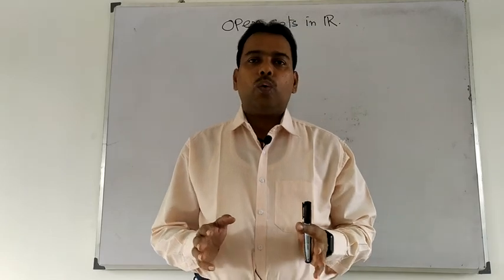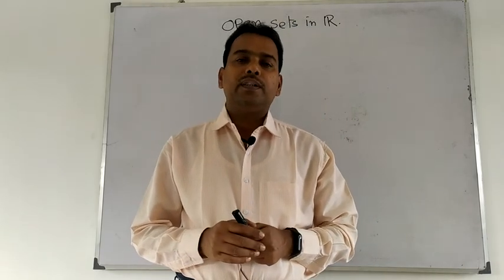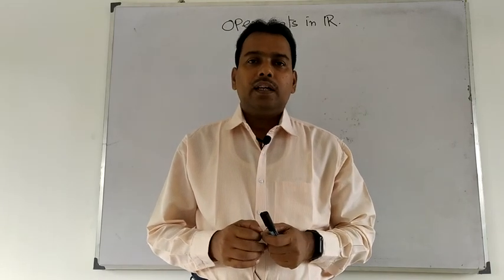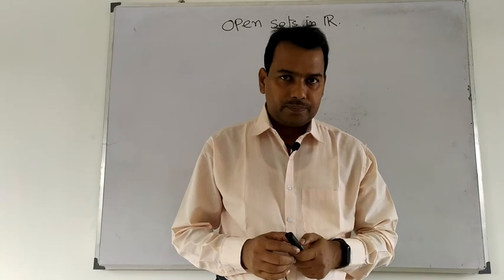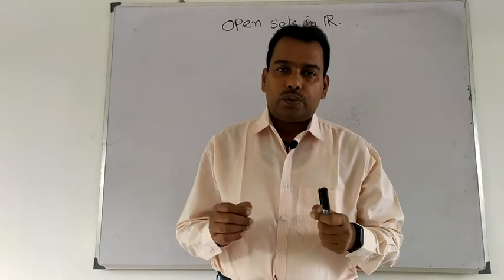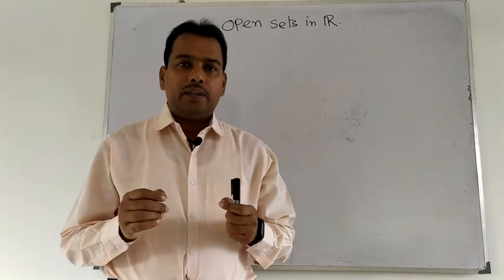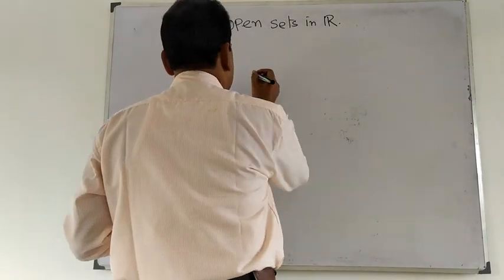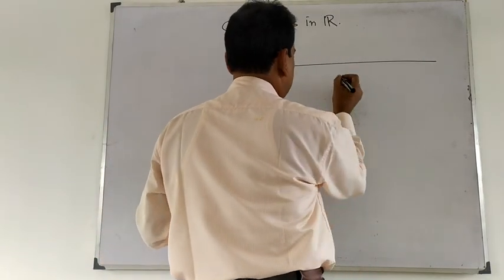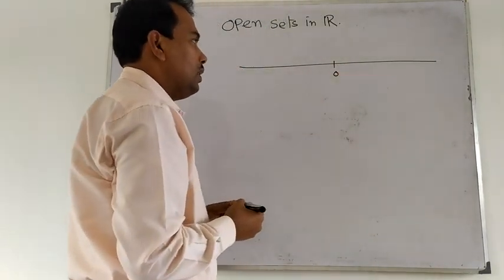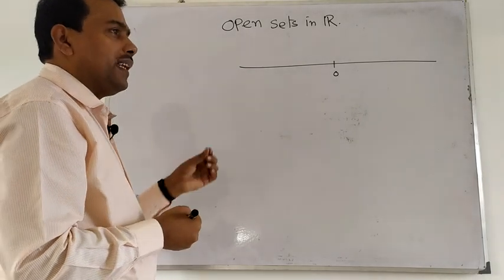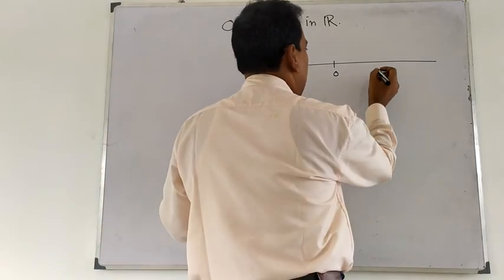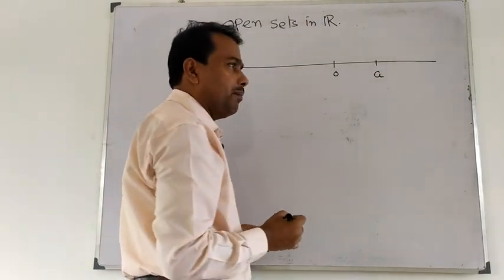That is, there is a 1-1 correspondence between the set of all points in a line and the set of all real numbers. So to draw a real number, we first draw a line, and to show a real number we take a point on this line. Suppose A is a real number.